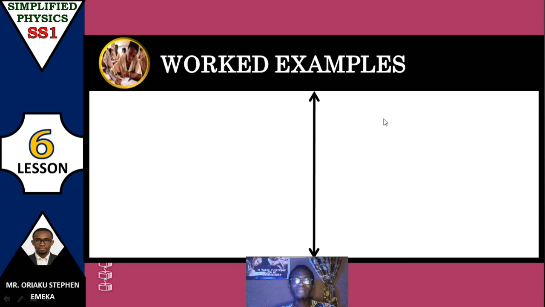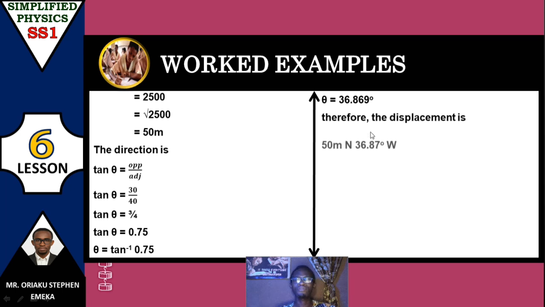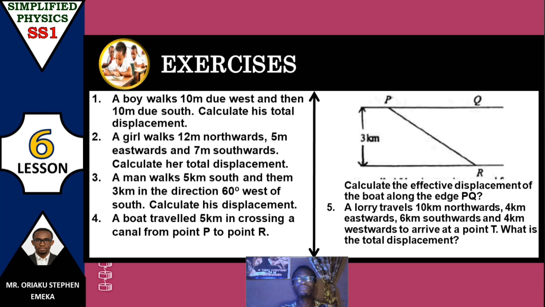So the next thing is to combine the two of them together, and that gives us our displacement: 50 meters at 36.87 degrees west.